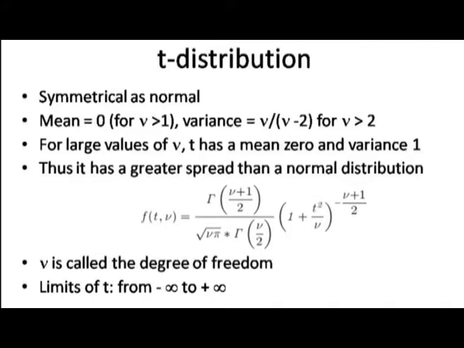But since I just wanted to show what is the expression of the probability density function, I have written it like this, that f t nu is gamma of (nu plus 1) by 2, times (1 plus t square by nu) to the power minus (nu plus 1) by 2, divided by square root of nu pi, pi is 22 by 7, multiplied by gamma of nu by 2.